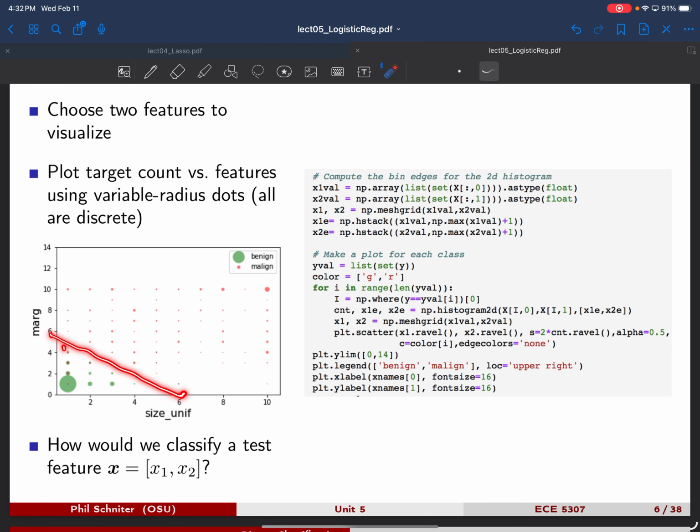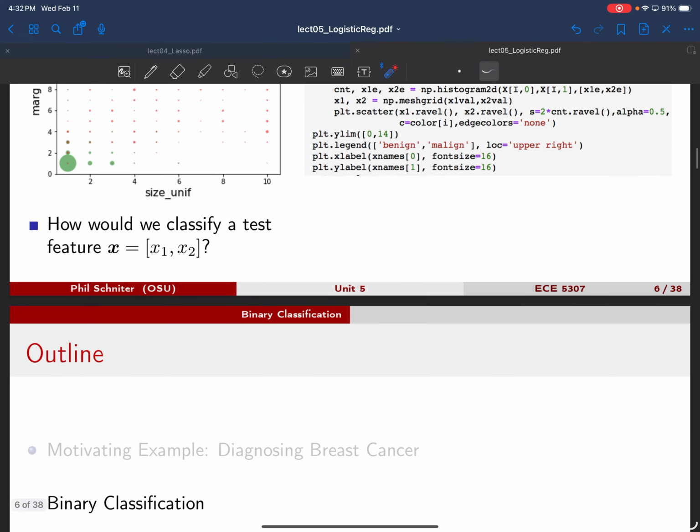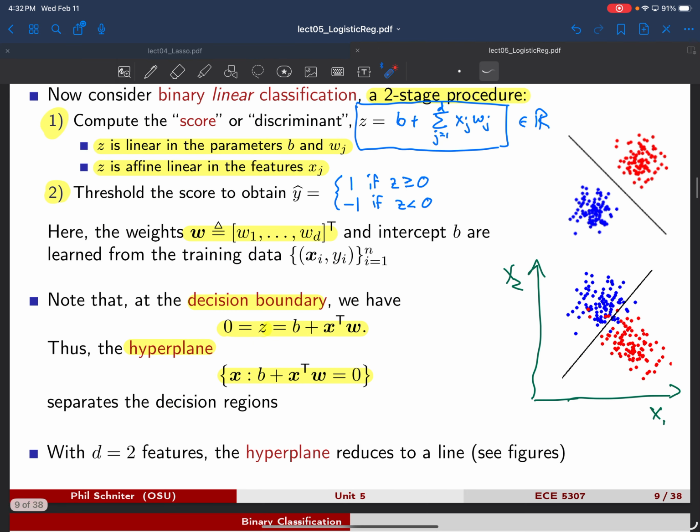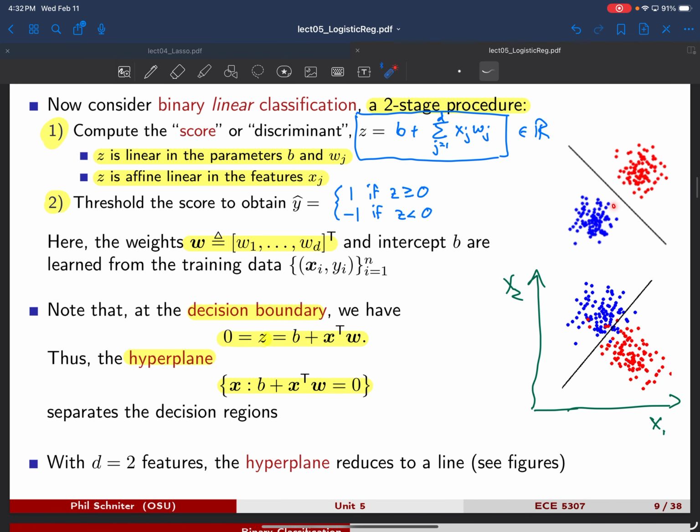Anytime the feature pair is below here, that would be a good time to predict benign. But if it's on the other side, I'd predict malignant. So this is really the same kind of thing where you have samples in one class and samples in another class. And this boundary describes the set of x that is right on the border between blue versus red. Is that making sense? Yeah.